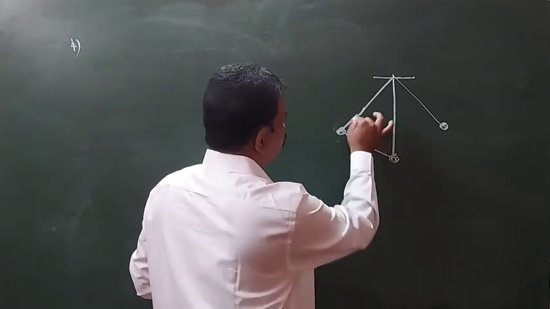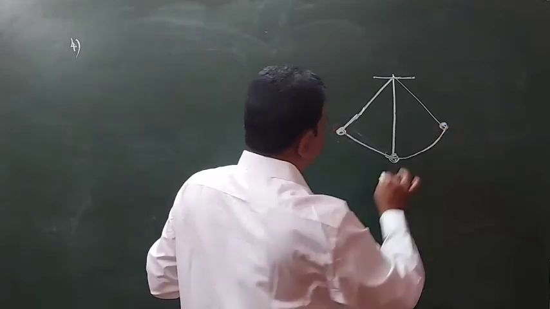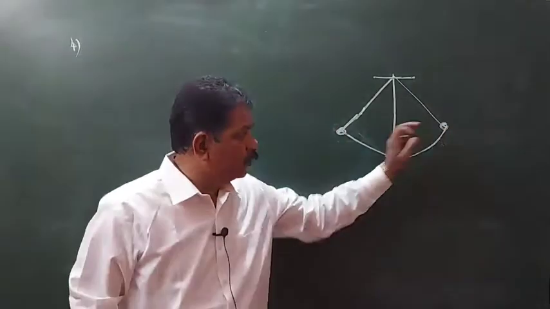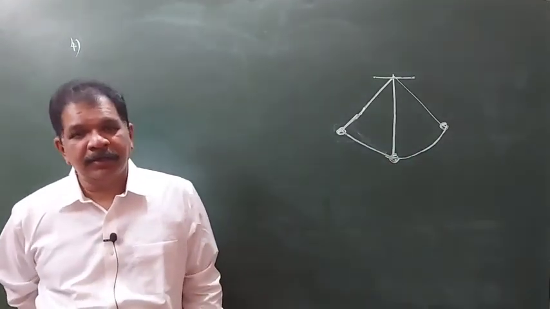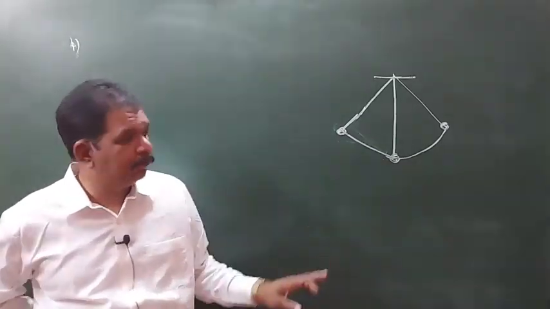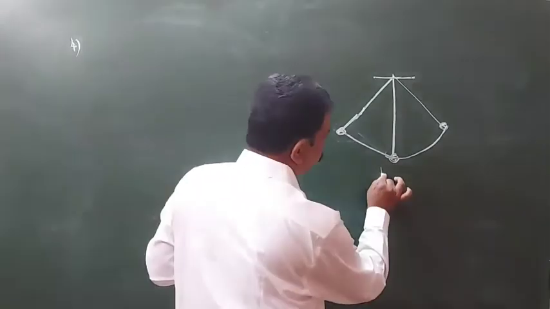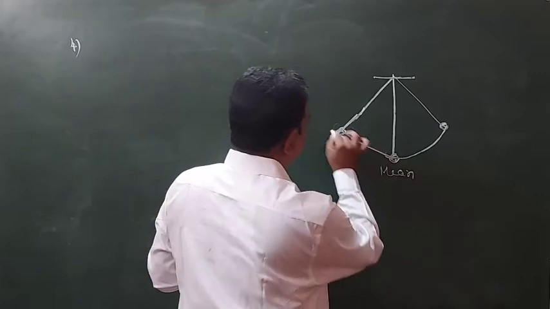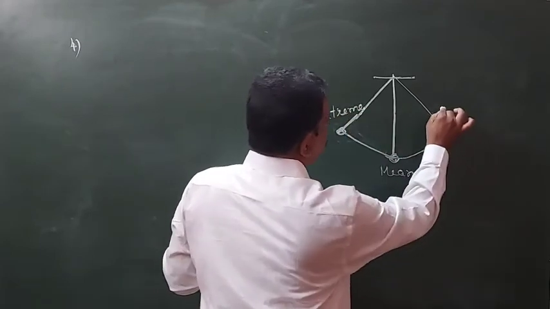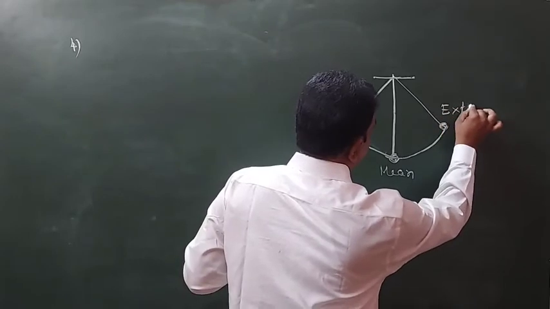It came to here, and again it went to here. These two positions will be called extreme positions. This will be called mean position. These two will be what? Extreme. This will be what? Extreme.